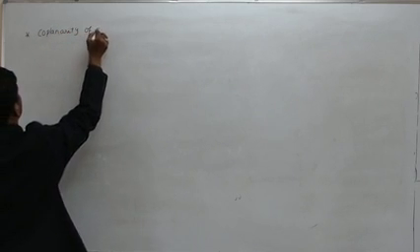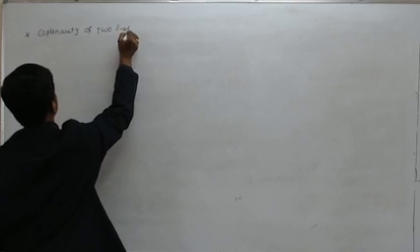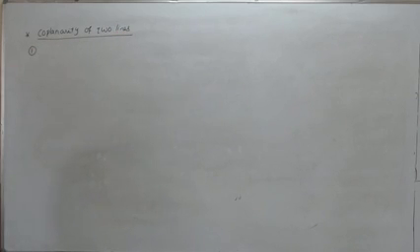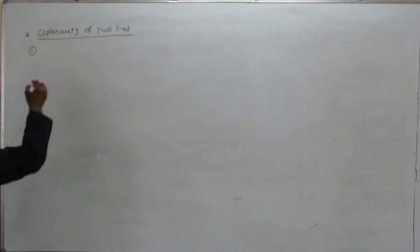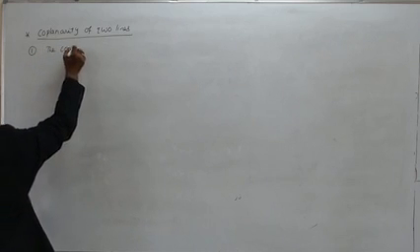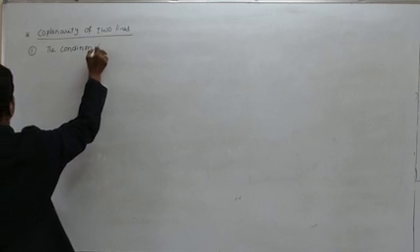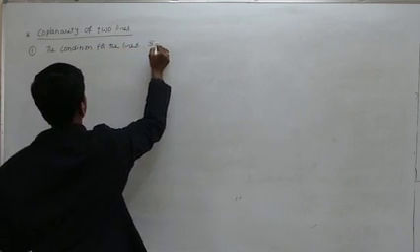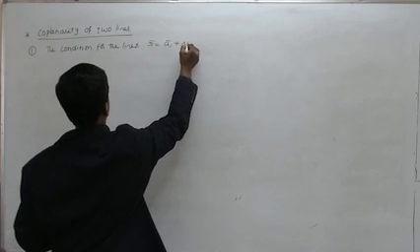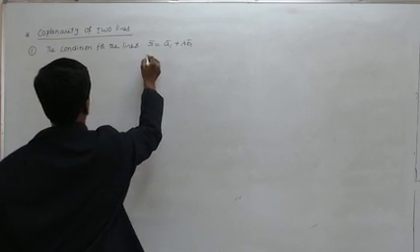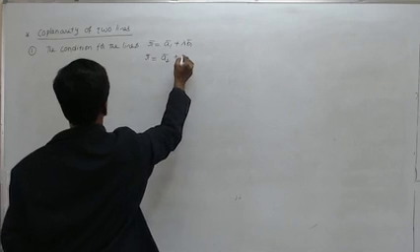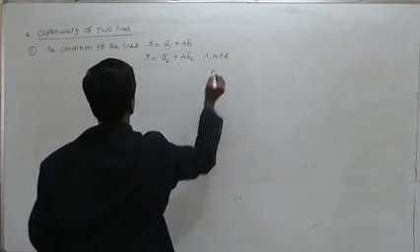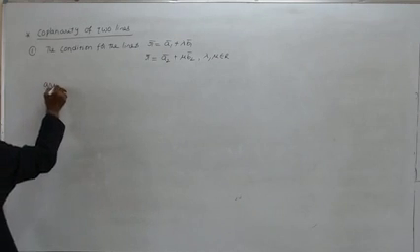First, when the vector equations of the straight lines are given, the condition for the lines r bar is equal to a1 bar plus lambda into b1 bar, and r bar is equal to a2 bar plus mu into b2 bar, where lambda and mu are real numbers, to be coplanar.